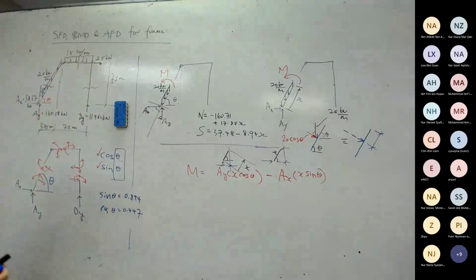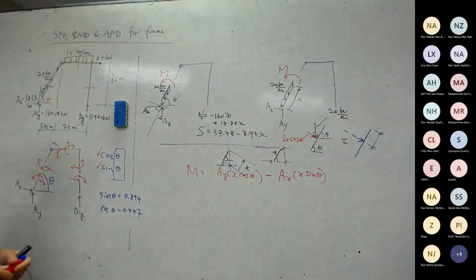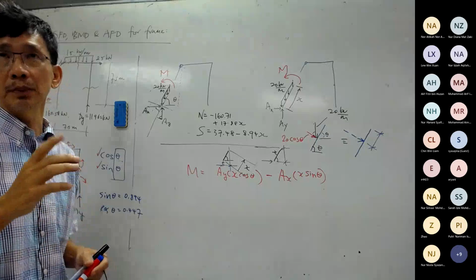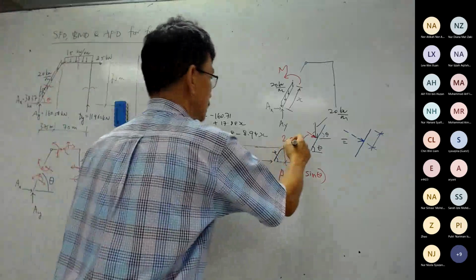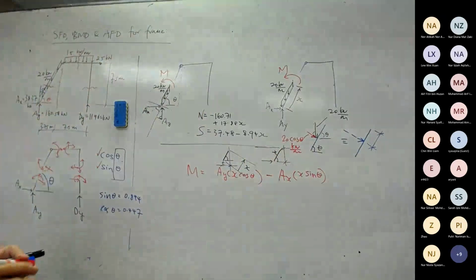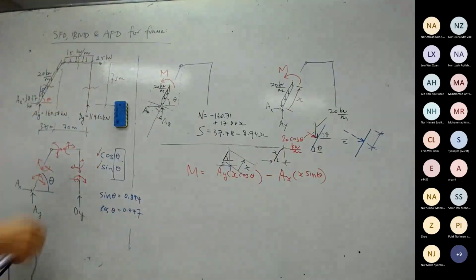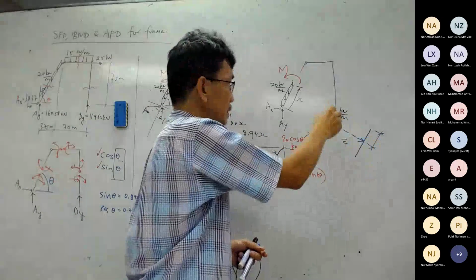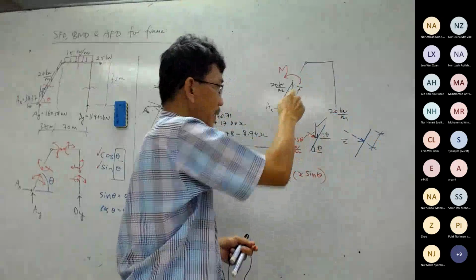Okay. 20 cos theta in kilonewton per meter. This is in kilonewton per meter. Okay. So we know that for a distributed load, you can convert that to an equivalent force first, acting along this length.